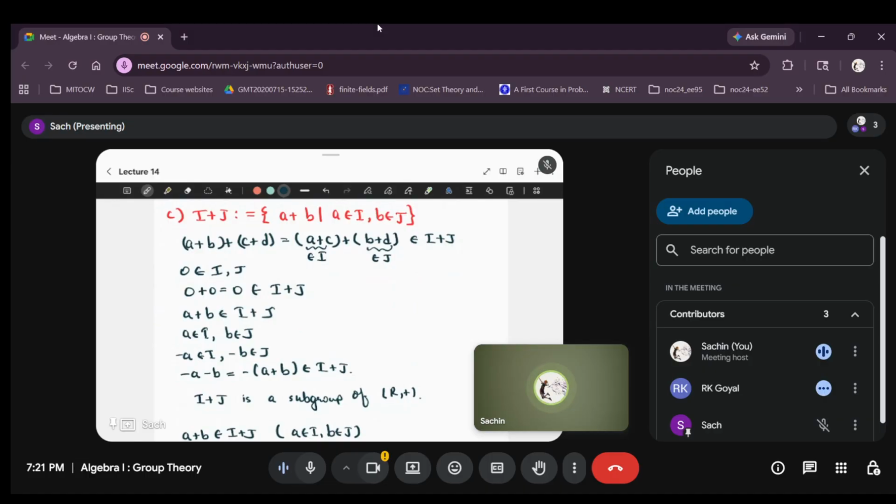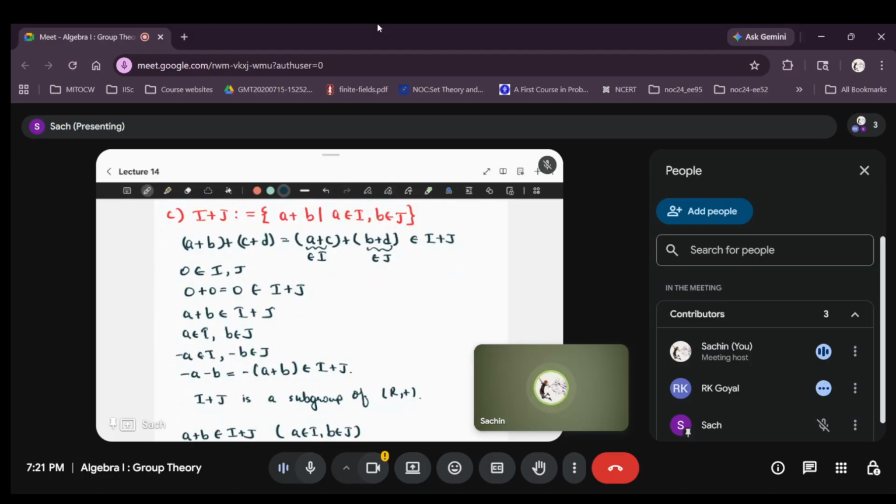Union is simply taking all elements in I and all elements in J. You are not allowed to add elements in I and J; those elements won't be in the union. No, you can always add 0 from the other set.